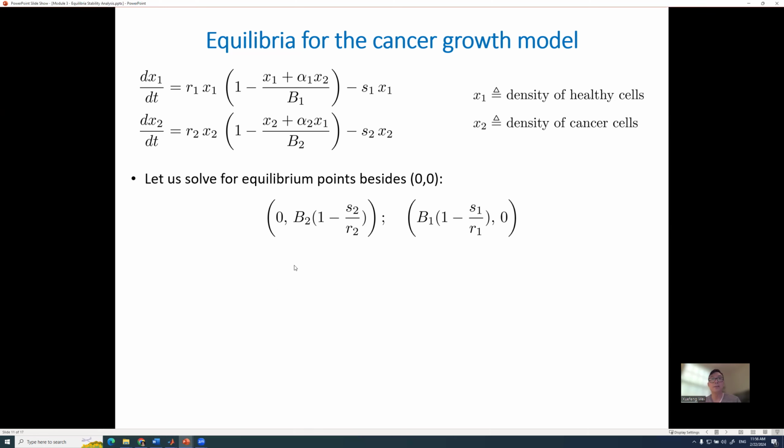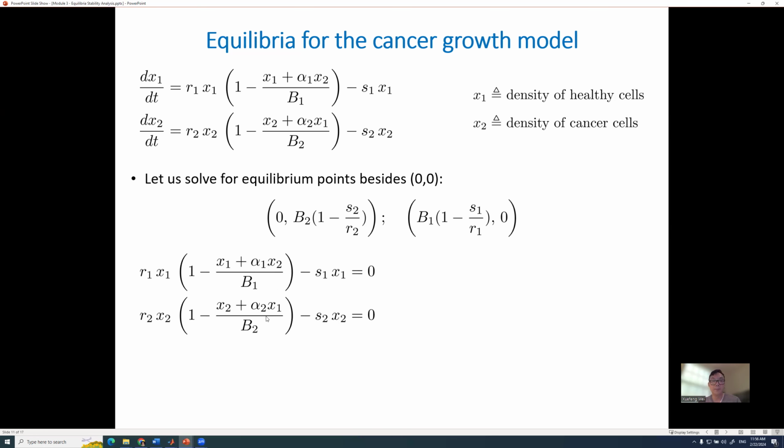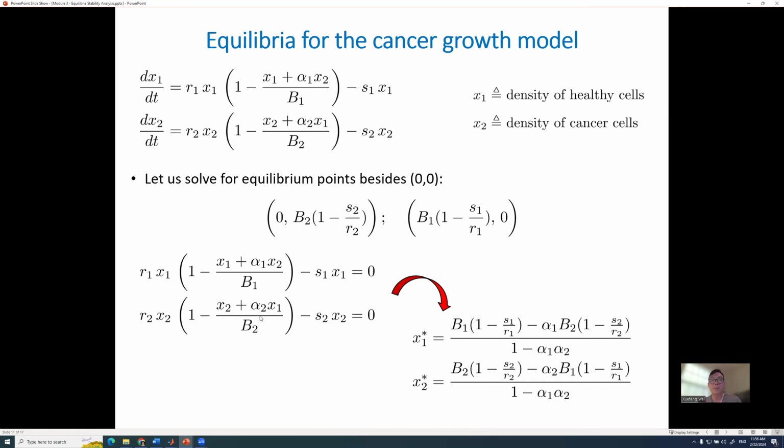We have done this exercise before. We can apply the very same steps we did for the competition model and, by solving this set of two algebraic equations, we get an equilibrium point. We call it X1 star and X2 star here. We can also use MATLAB symbolic calculations to get the same solution.